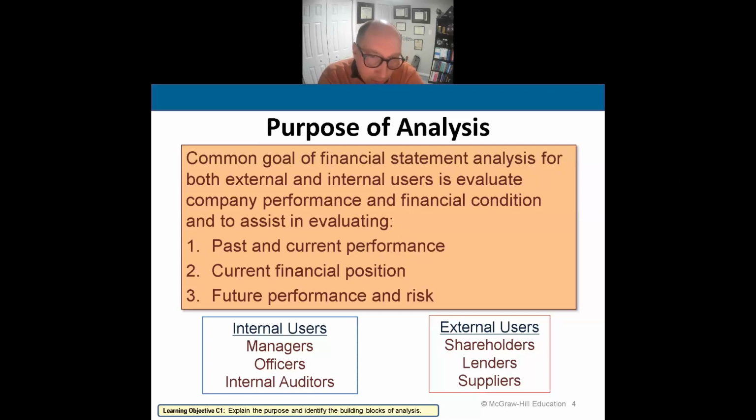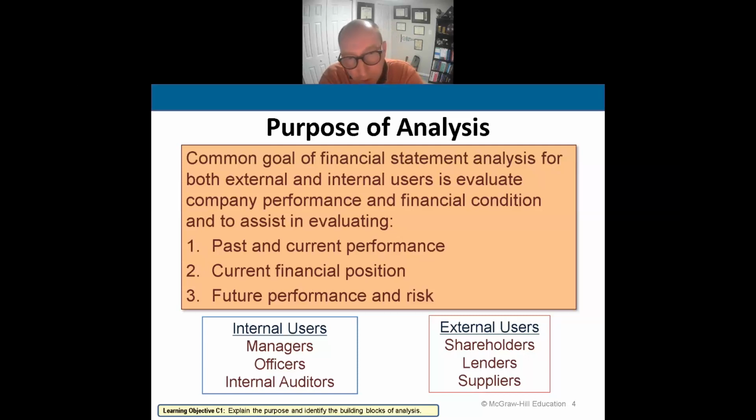We do that by using different methods of analysis to understand the direction and the overall financial health, using things like ratios and other methods.